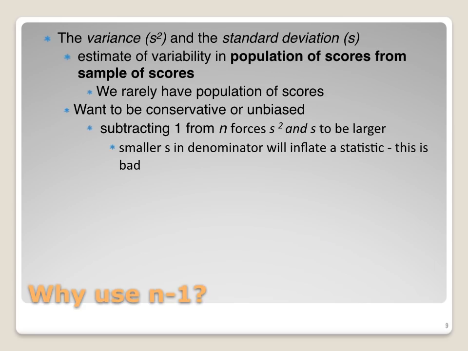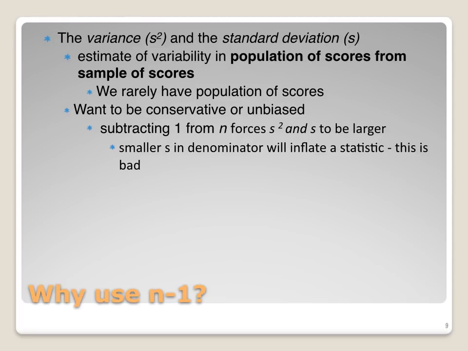So I told you earlier that I would explain why we measure variance and therefore standard deviation using n minus 1. So the variance and the standard deviation are estimates of variability in a population of scores from a sample of scores. Very rarely do we have a population of scores. And in statistics, what we're trying to do is compare 2 groups. We have 2 groups that are samples, but they are representative of a larger population.